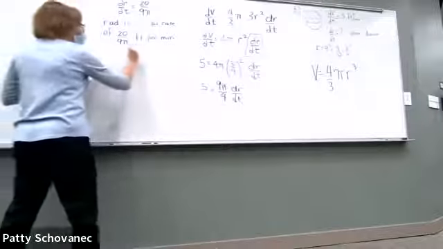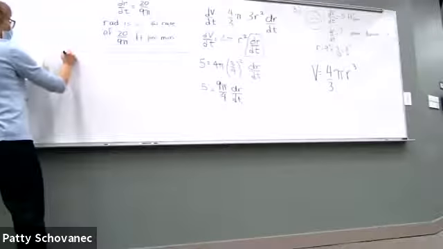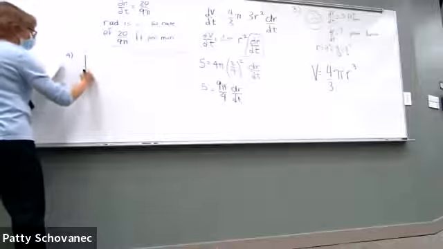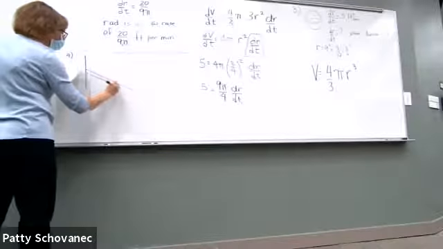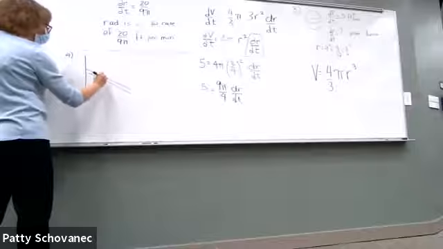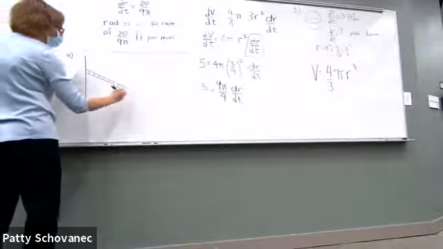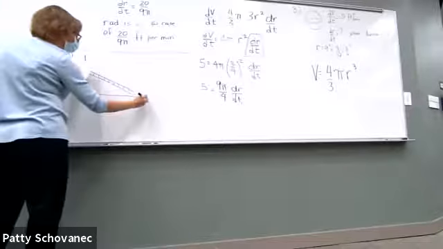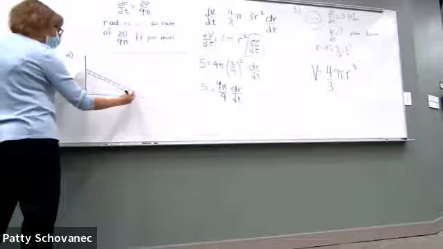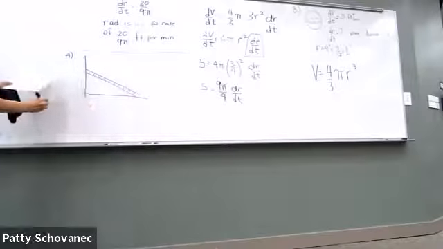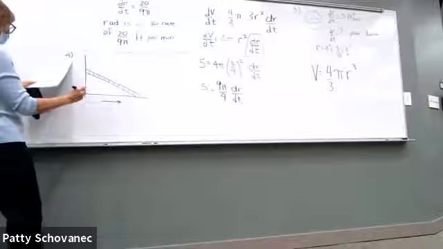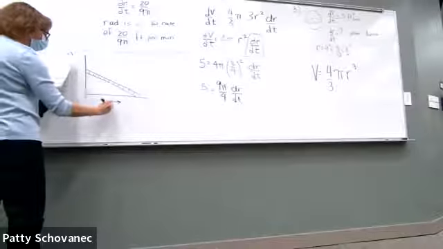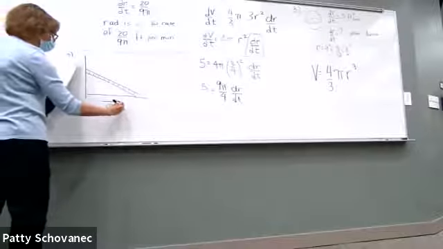Let me try to make a diagram here. Here's the building. Here's my awesome artwork. That's a ladder, right? There's the ground. The ladder's not even touching the ground. The bottom of the ladder is sliding away from the building at a rate of 2 feet per second.